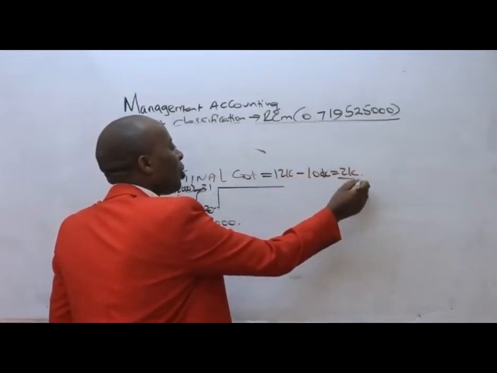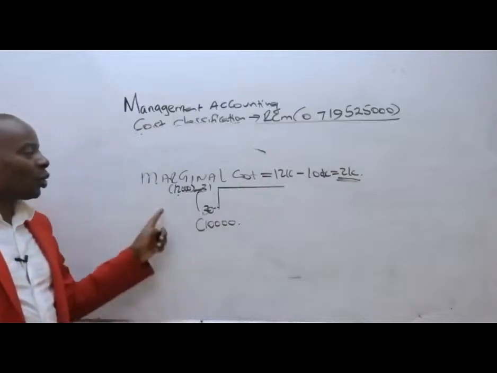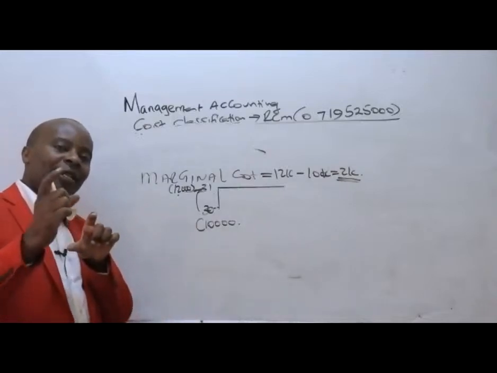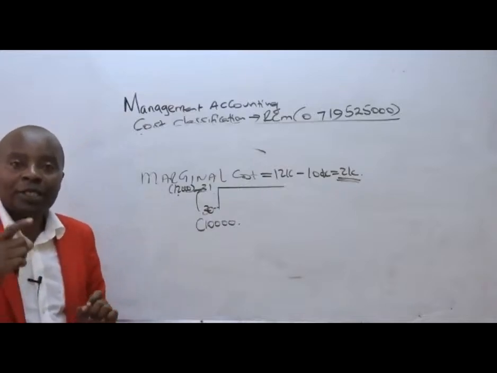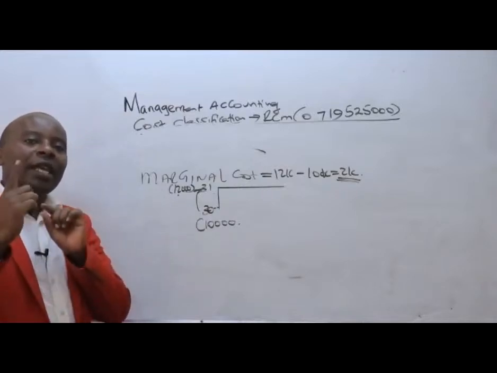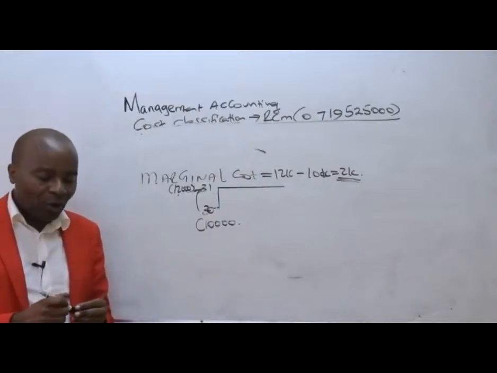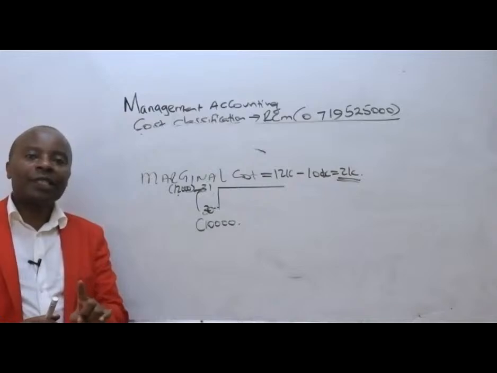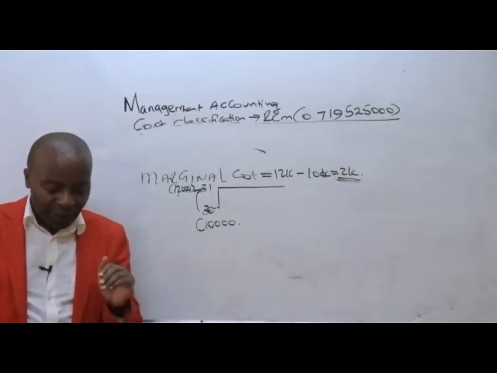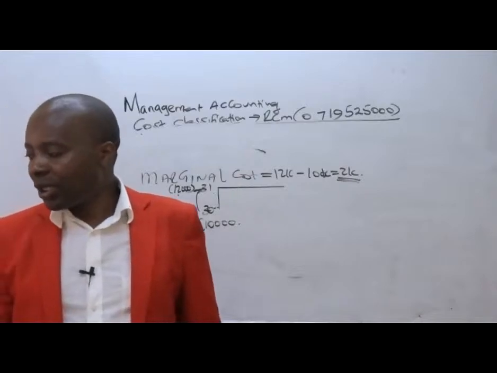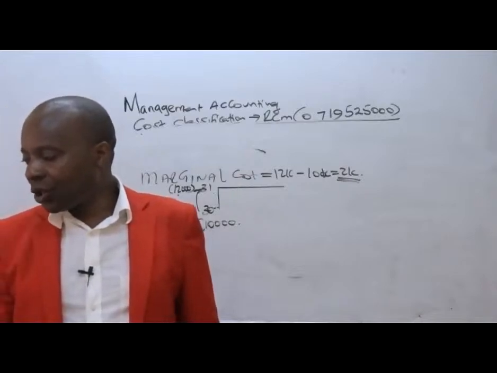This additional cost of 2,000 is what we are calling the marginal cost. Marginal cost is the incremental cost. By how much will our cost increase should we increase our productivity by just 1 unit? Incremental cost is relevant for decision making. We shall be seeing this later. Very important.